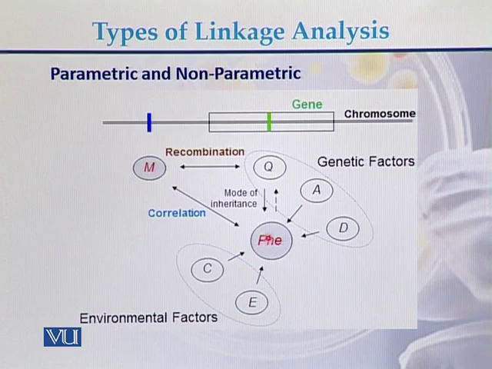On the other hand, if the phenotype is due to genetic as well as environmental factors, then usually a correlation or association is identified between the marker and the phenotype. So this is the difference between parametric and non-parametric linkage analysis.